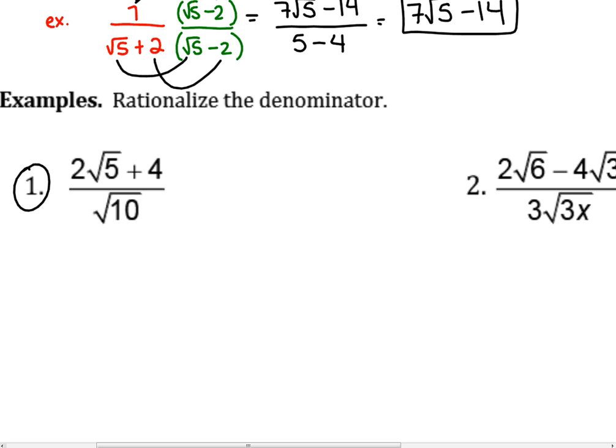So it's just a monomial. Get rid of the radical in the bottom.